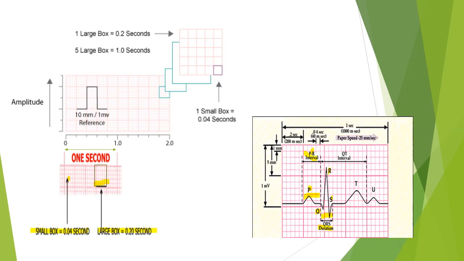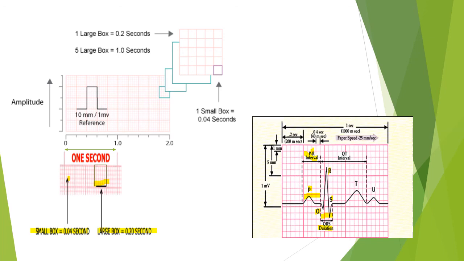The QRS represents the ventricular depolarization. So this QRS duration can be measured easily and represents the ventricular depolarization.